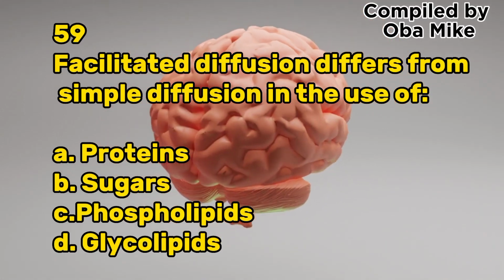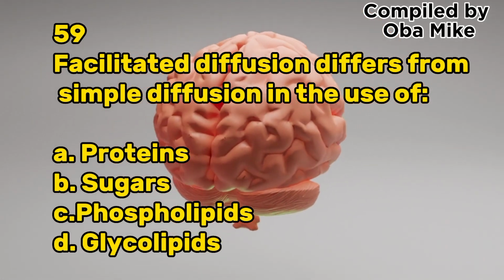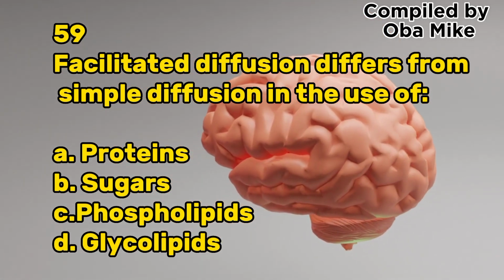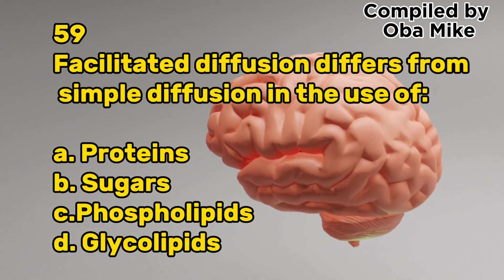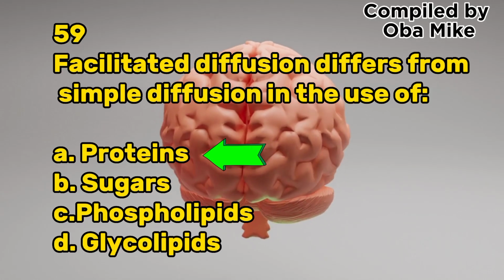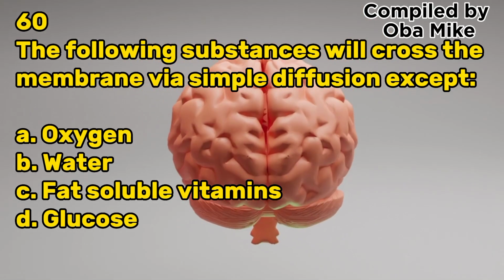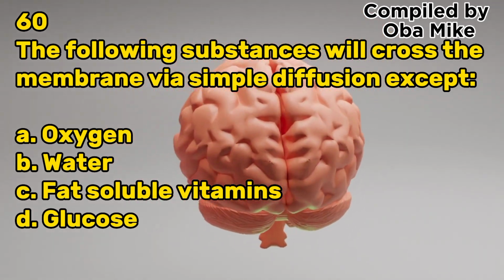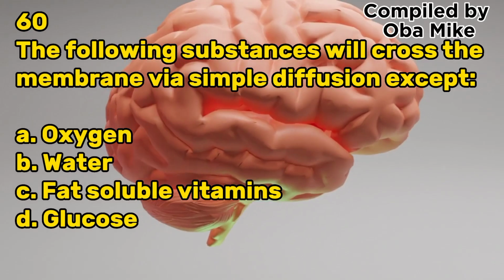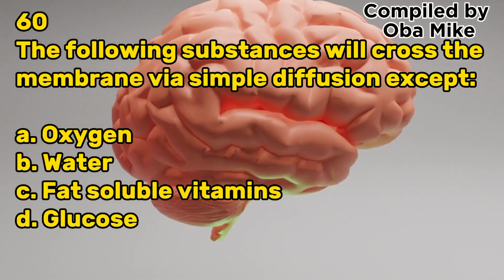Facilitated diffusion differs from simple diffusion in the use of A. Proteins, B. Sugars, C. Phospholipids, D. Glycolipids. 60. The following substances will cross the membrane via simple diffusion except A. Oxygen, B. Water, C. Fat-soluble vitamins, D. Glucose.